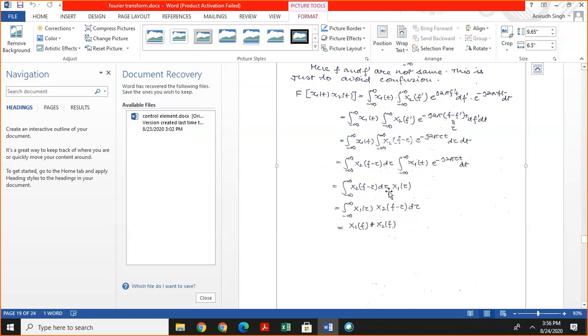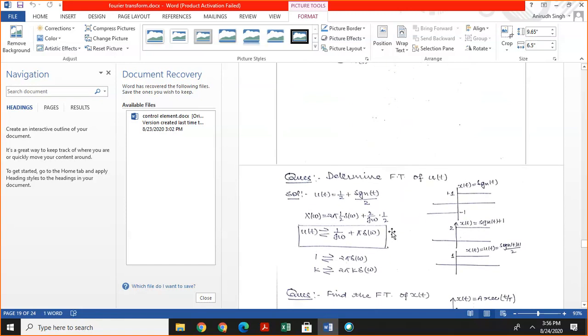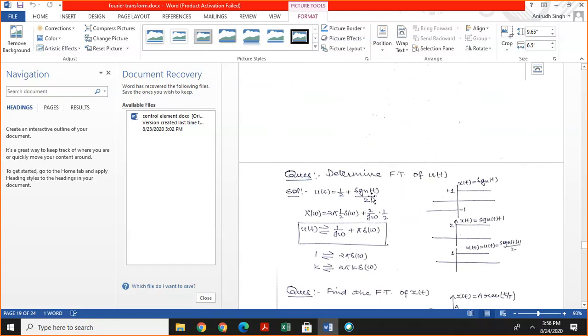This is the convolution of X1 of f convoluted with X2 of f. So if time domain signals are multiplied in time domain, then their Fourier transforms will be convoluted in frequency domain.